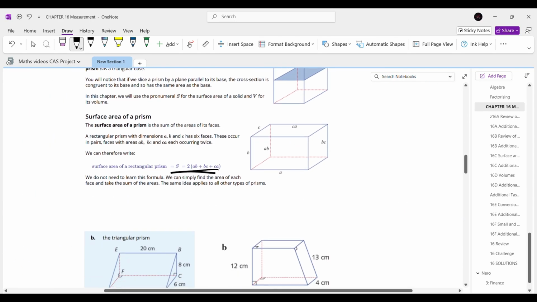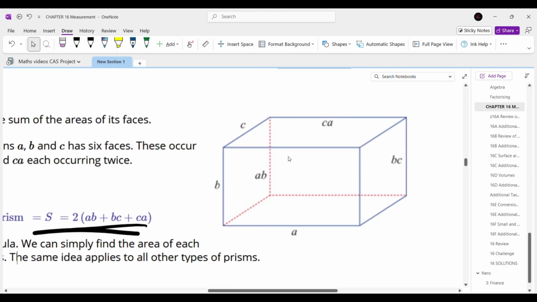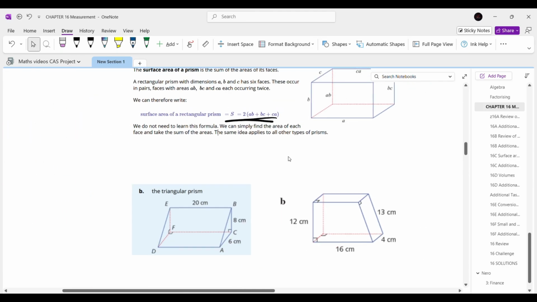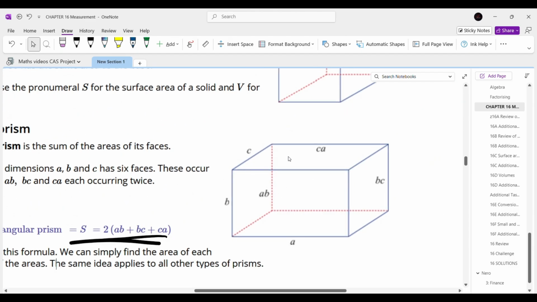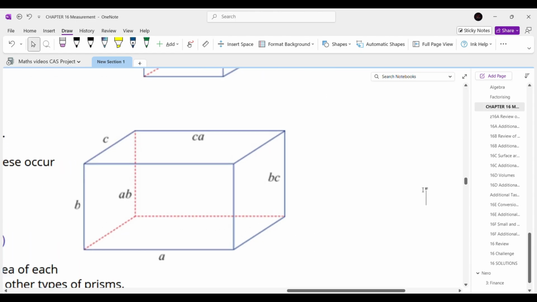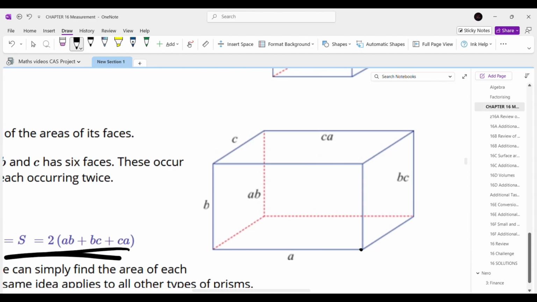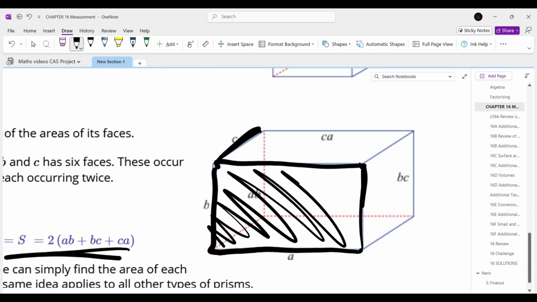This is in particular a regular rectangular prism, where you have your lengths A, B, and C. And then what we do here is that we have AB, which is just this area, because this is one rectangle.